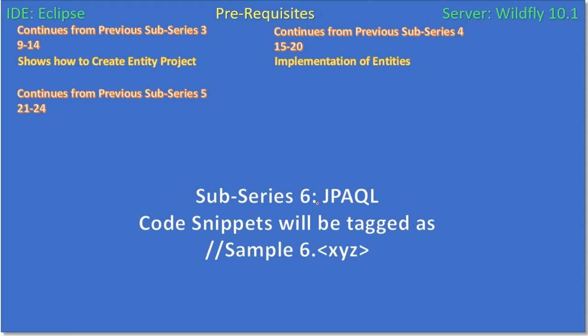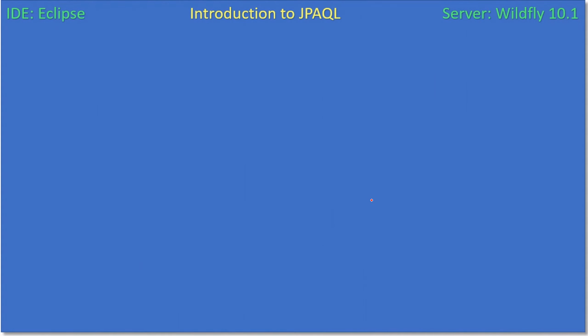In this subseries we are going to learn JPA-QL. JPA-QL stands for Java Persistence API Query Language.